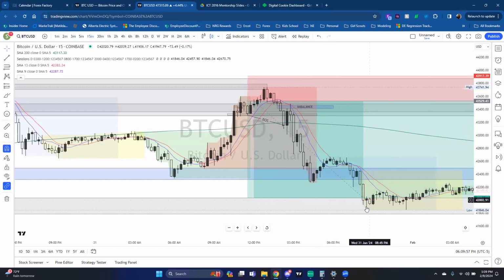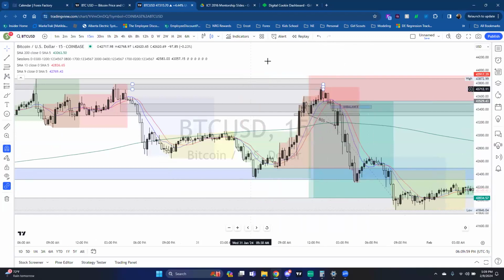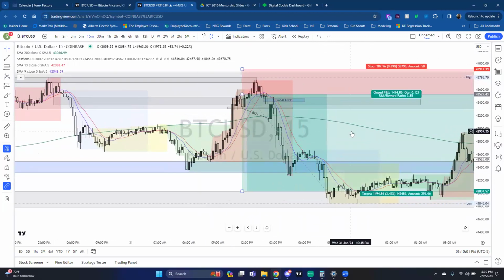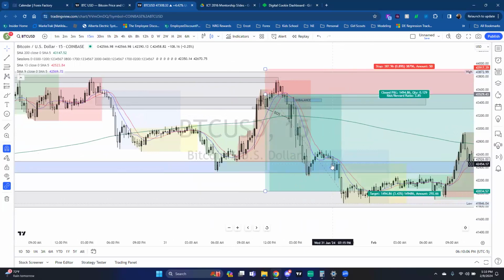I love that. Okay, so it said you got in, trading from your account.